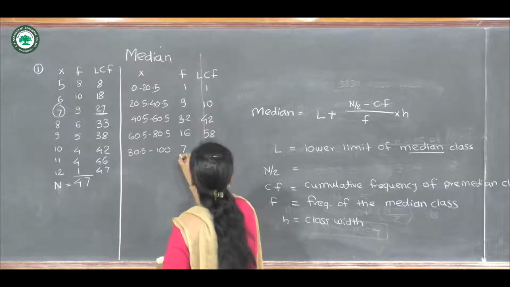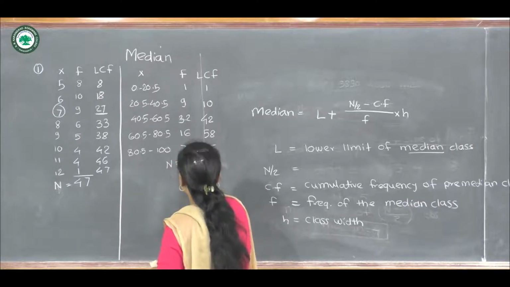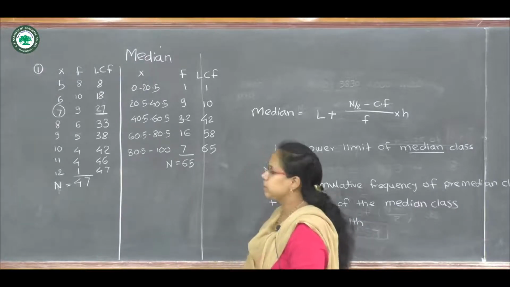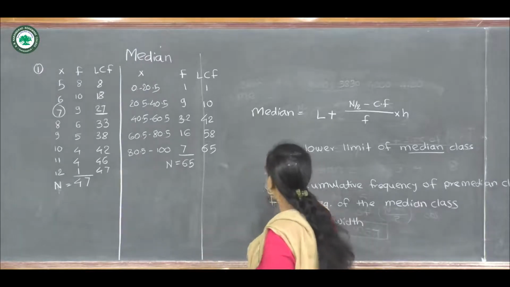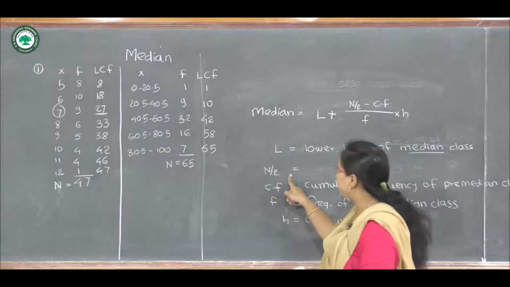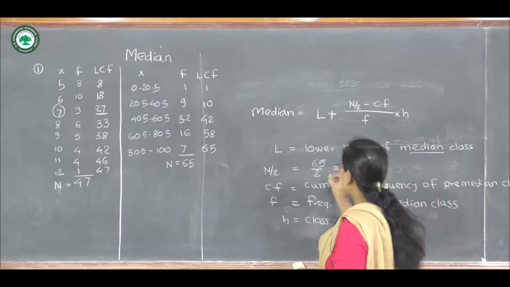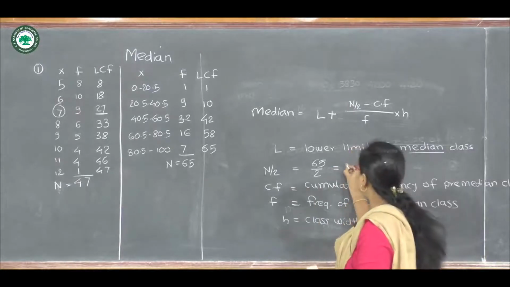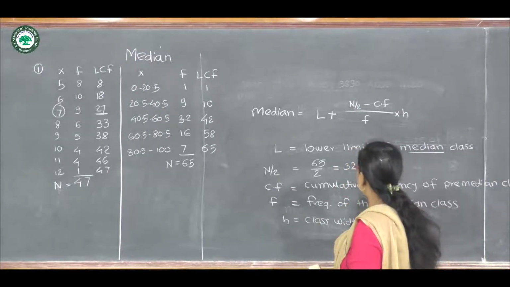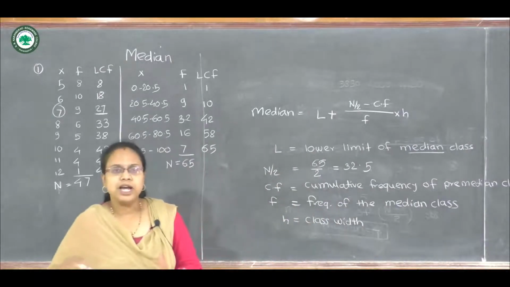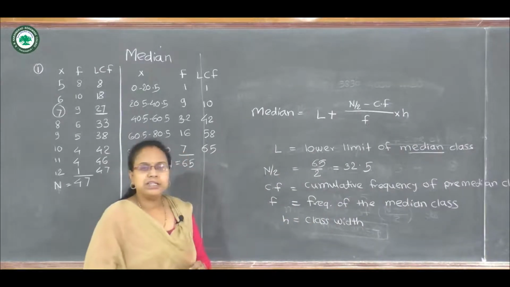So here capital N is 65. Now what will be the median class? For that we have to calculate n upon 2. So 65 upon 2, and this will be 32.5.